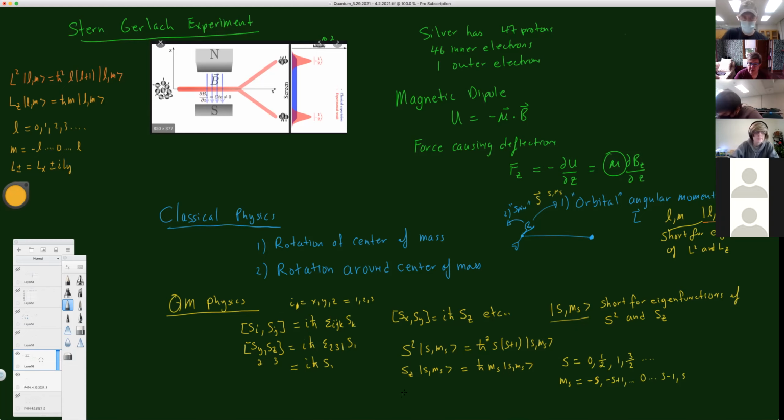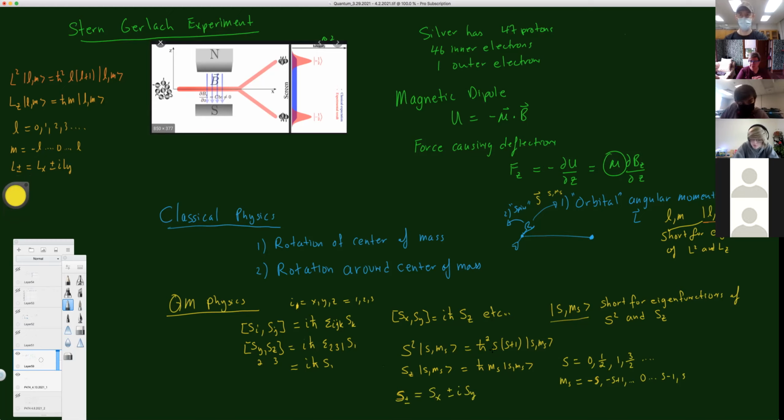We have S plus-minus equal the x component of S plus-minus i times the y component of S. So just like in the L case, the algebra is very, very similar.